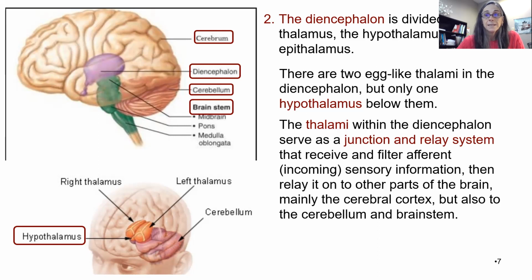It contains the pituitary gland, also known as the hypophysis. It is important in regulating the endocrine system, monitoring sleep-wake cycles, and controlling thirst, hunger, and body temperature.